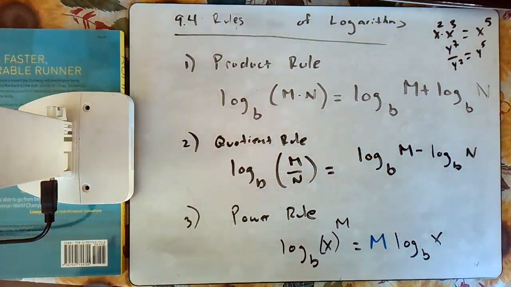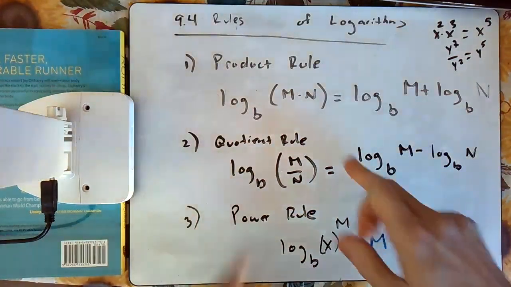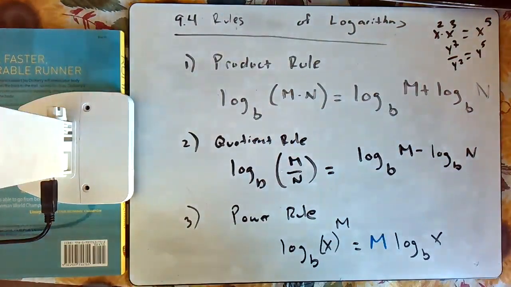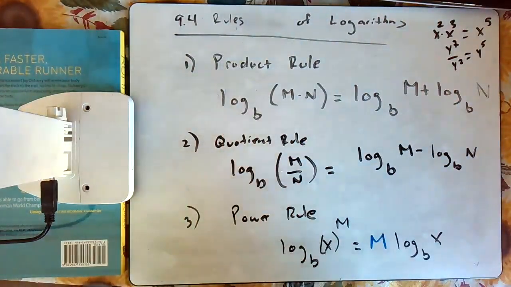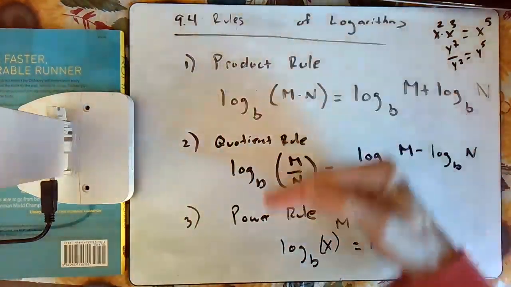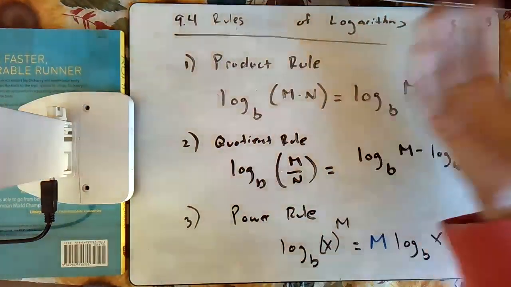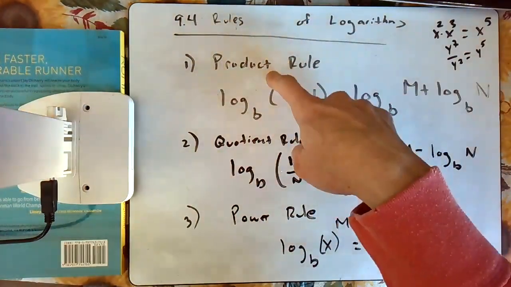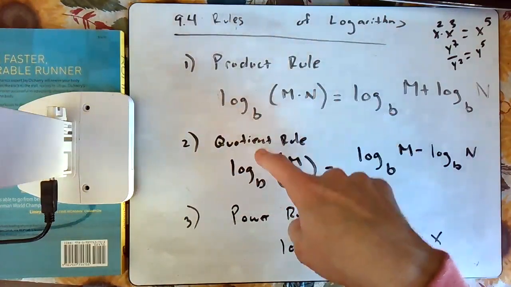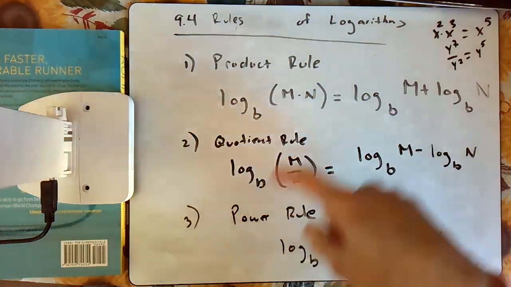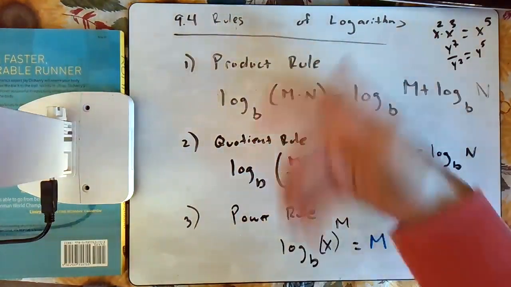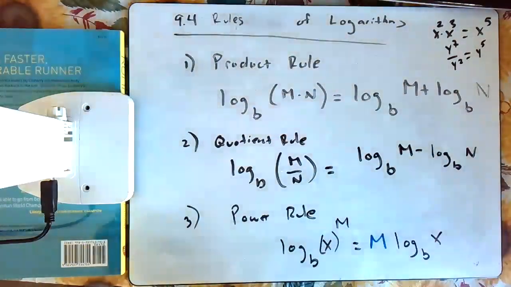So now what we're going to practice is expanding the logarithmic equation. So we're going to go from here to here. And also this kind of serves as a hierarchy. When you're expanding logs, usually you start with the product rule first, then quotient, then power rule last. And yes, you can have all three happening at once, but we'll get to that eventually.